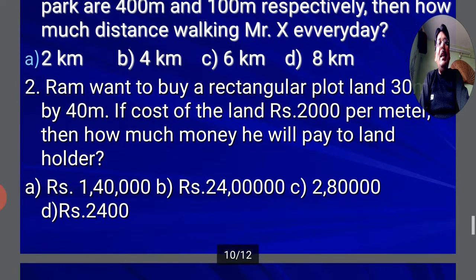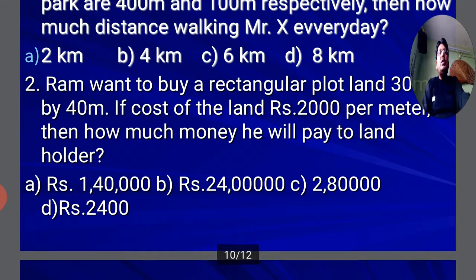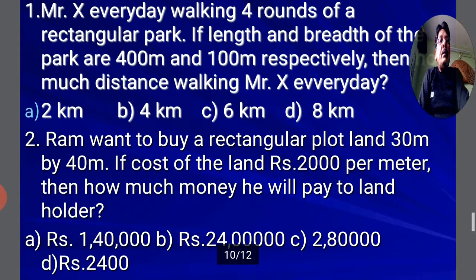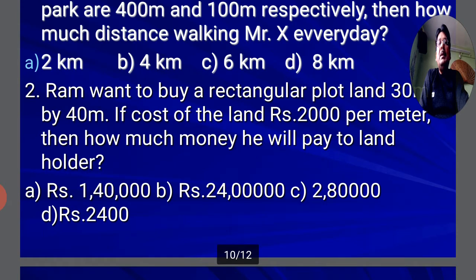Second question: Ram wants to buy a rectangular plot of land, 30 meters by 40 meters. If the cost of the land is 2000 rupees per meter, how much money will he pay to the landholder?